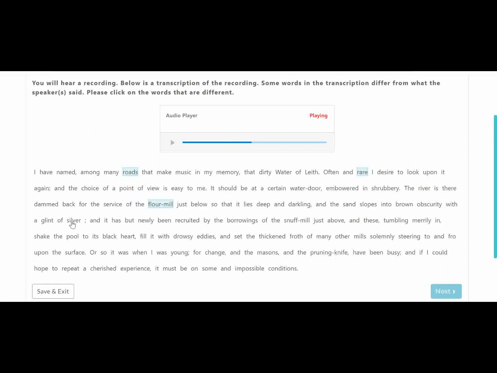And it has but newly been recruited by the borrowings of the snuff mill just above, and these, tumbling merrily in, shake the pool to its black heart, fill it with drowsy eddies, and set the curded froth of many other mills solemnly steering to and fro upon the surface. Or so it was when I was young, for change and the masons and the pruning knife have been busy, and if I could hope to repeat a cherished experience, it must be on many and impossible conditions.